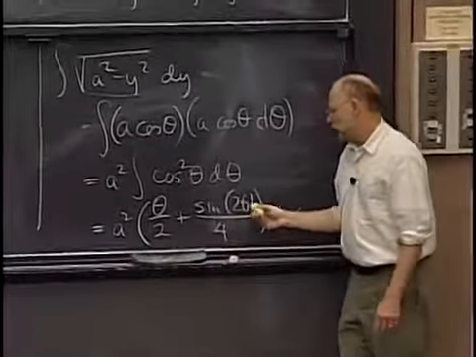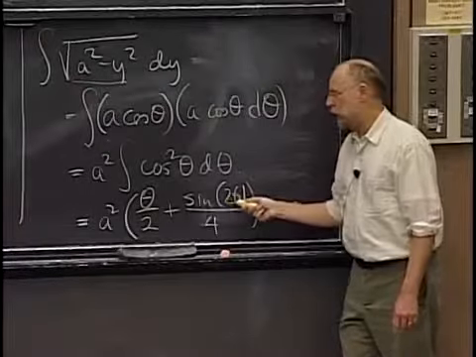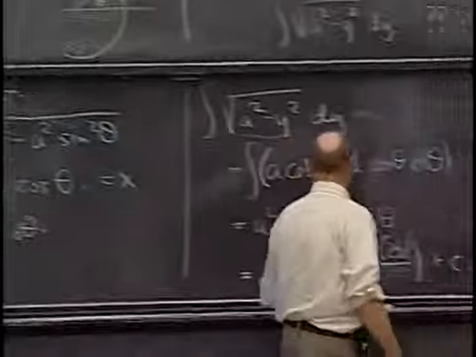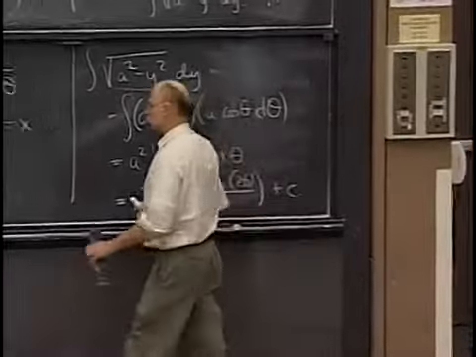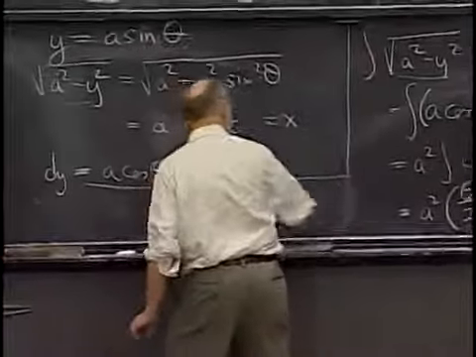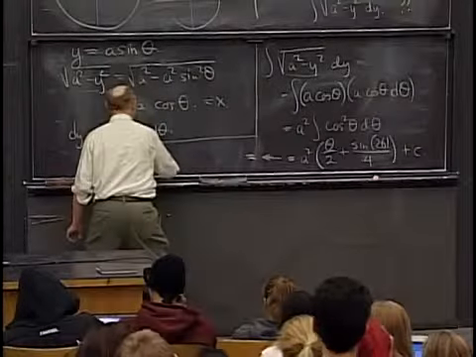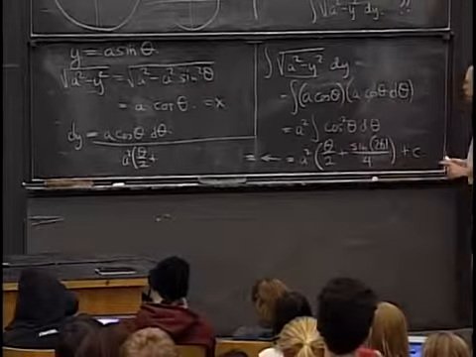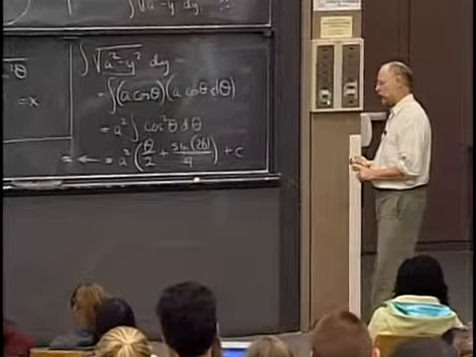In doing that, it's going to be useful to rewrite this expression and get rid of the sine of 2 theta. After all, the original y was expressed in terms of the sine of theta, not the sine of 2 theta. So let me just do that here. And say that this, in turn, is equal to a squared times theta over 2 plus, well, the sine of 2 theta is twice the sine of theta times the cosine of theta.